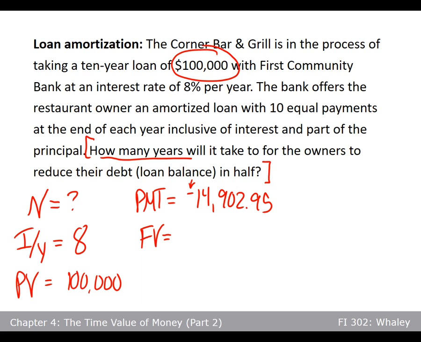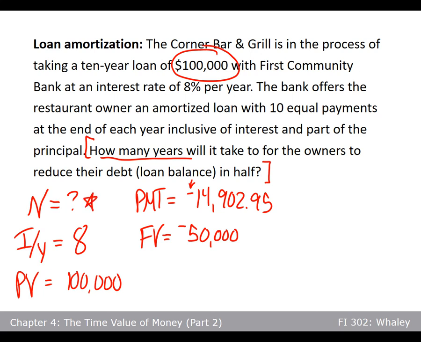That means the balance of the loan in the future should not be 0. It should be $50,000, and when you plug it into your calculator, it's a negative $50,000 because that money is owed to the bank. It flows away from Corner Bar and Grill. Now you use all this information to solve for N.